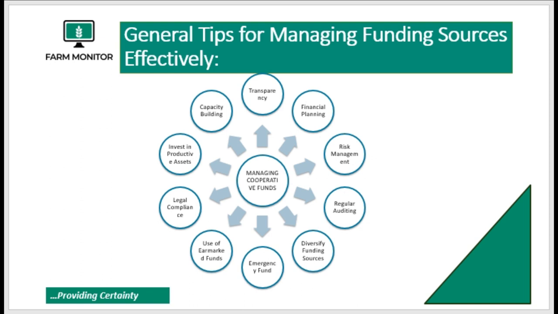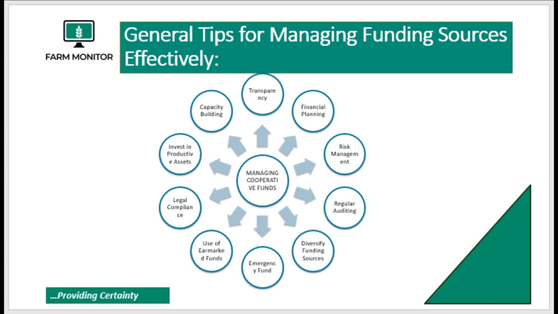Invest in financial management training for cooperative members and for the staff. This will enhance financial literacy and management. Invest in productive assets. That's the next one. It's good to allocate funds strategically to assets that contribute to the cooperative's growth and long-term sustainability.